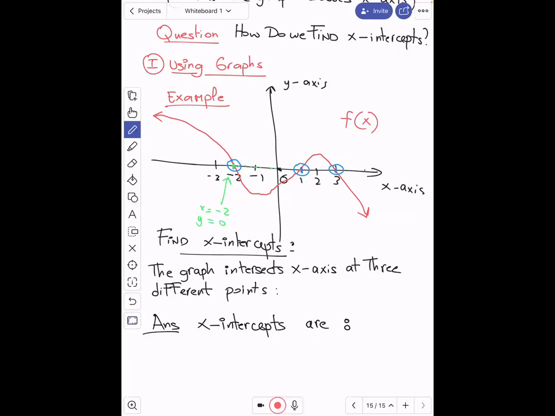Okay. So my first x-intercept would be -2, that's my x coordinate, and -2 is my input x. Okay, comma 0. And the 0 here, that's my y coordinate.